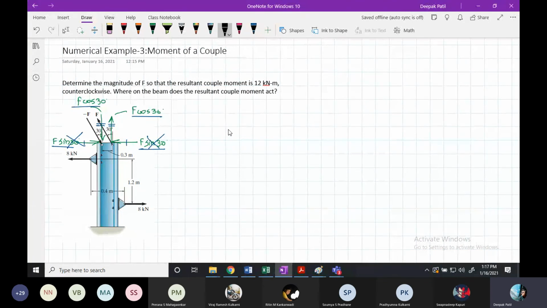Now next thing, I want to actually find the force. So I will write it as M equal to, okay, first let me ask you, this 8 kilonewton and this 8 kilonewton, will they form a clockwise couple or anti-clockwise? Anti-clockwise. Yes, perfect. They are causing an anti-clockwise couple, so I should write it as minus 8 multiplied by, and what will be the perpendicular distance that I should take?